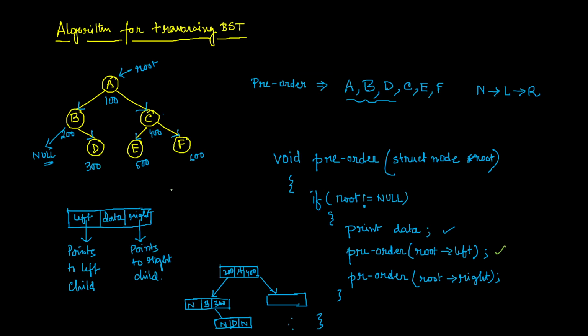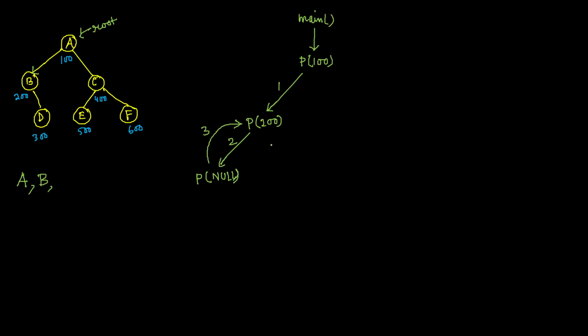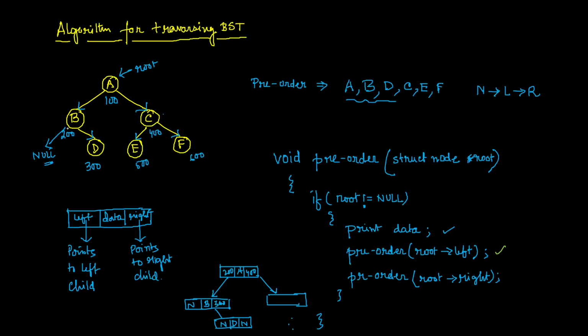Same thing is happening over here. You see, this clone will now call one more clone having P with a valid address, because the right side has some node D, that is 300.